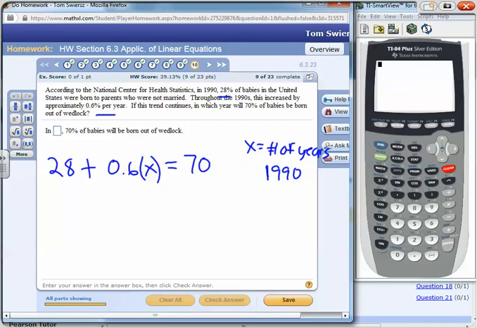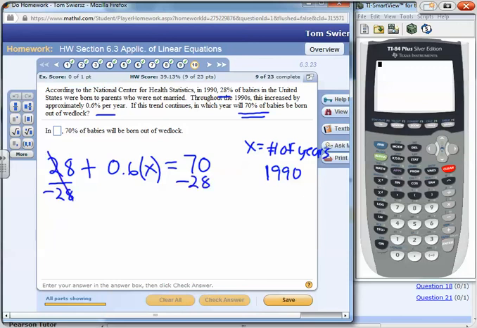So there's our equation. The percentage now is 28. We're adding on 0.6% every year, so x would be like 1, 2, 3, 4, 5, and so on number of years, and we're going to equal 70 because we want to know when the percentage of babies born out of wedlock will be 70. So again, to solve this, I'm going to subtract 28 from both sides.